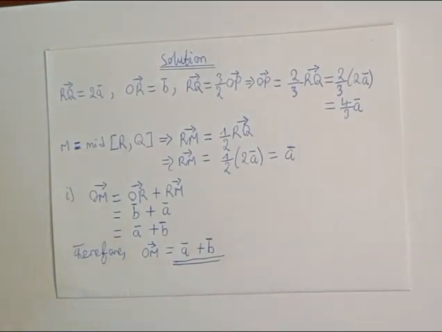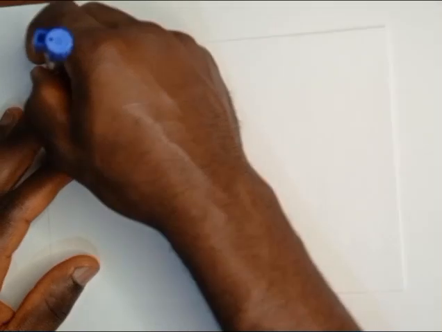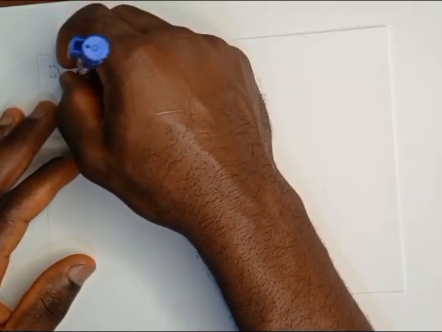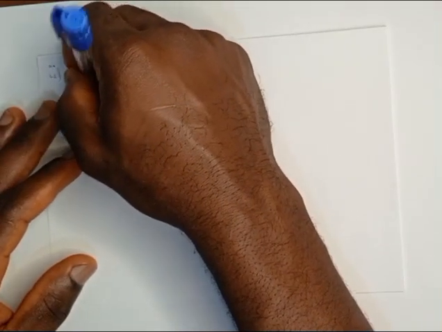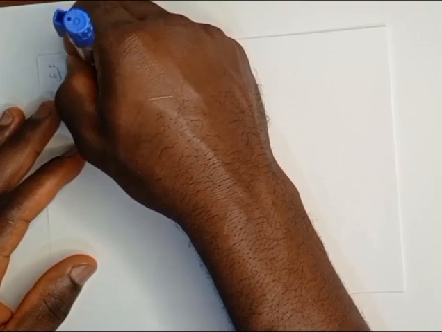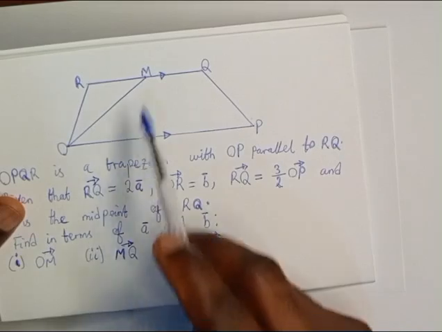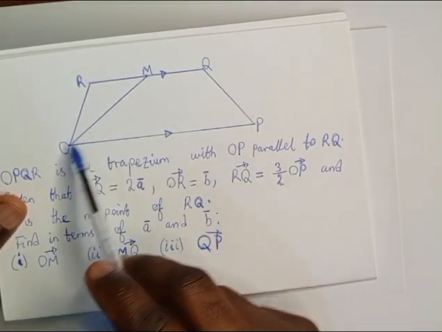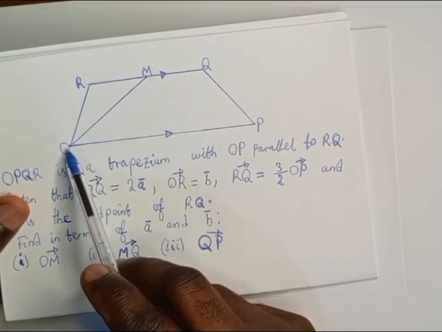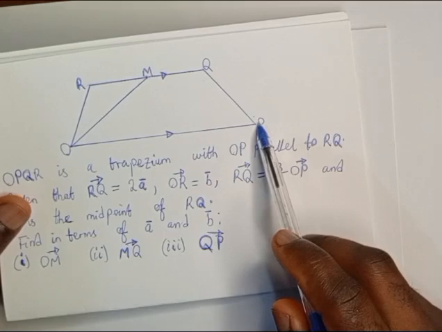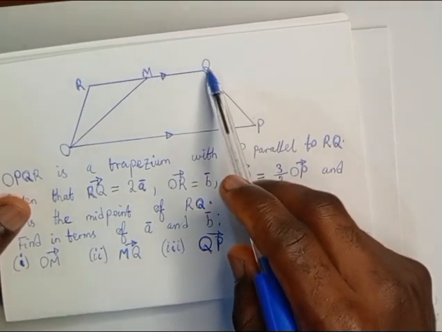We move now to 2I. We have to express the vector MQ in terms of A bar, B bar. MQ is simply the same as MO vector plus OP vector plus PQ vector.